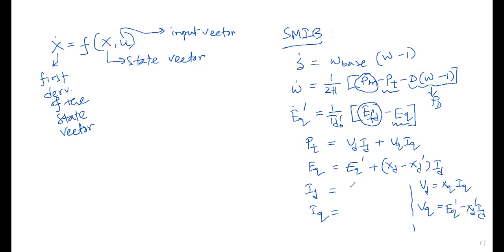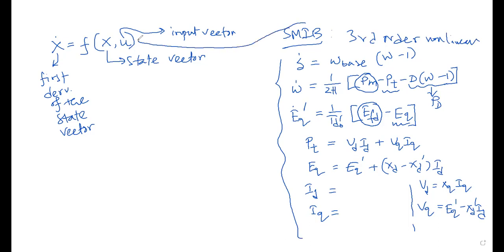And we also had some expressions for ID and IQ, little longer expressions. So overall, this model that I have written was the third order model for SMIB. This is the third order nonlinear model. And this was the representation for this.